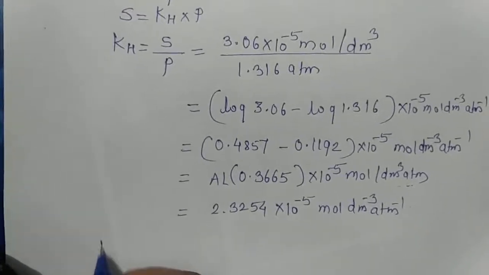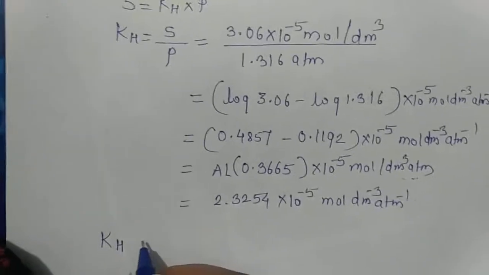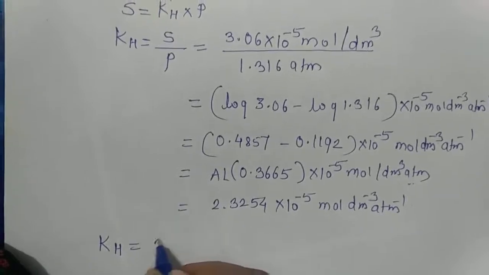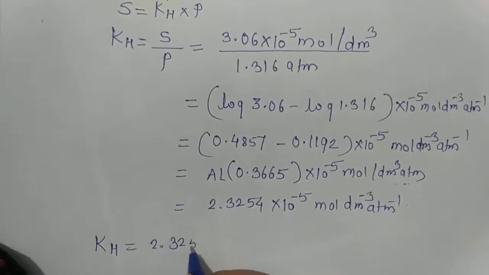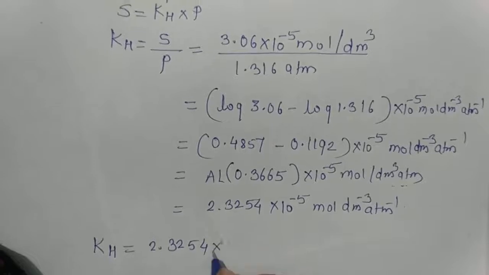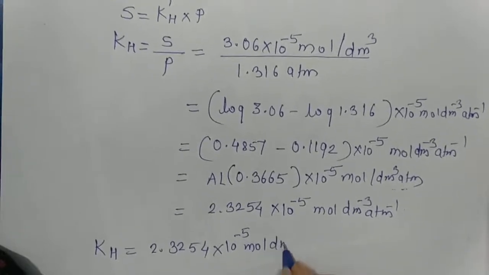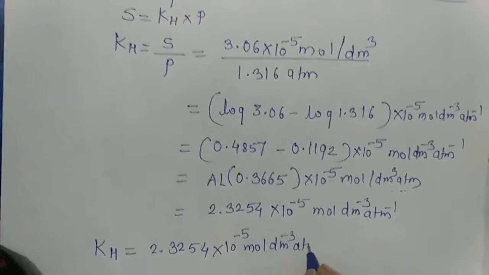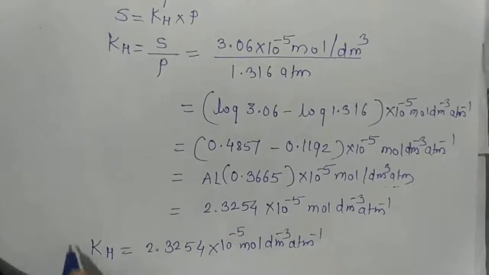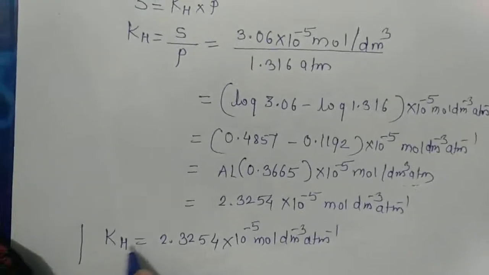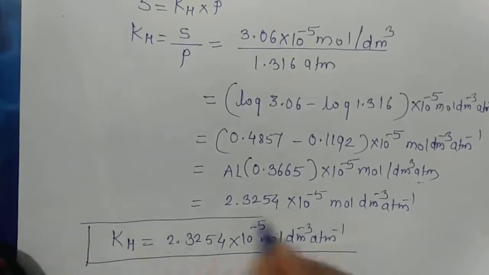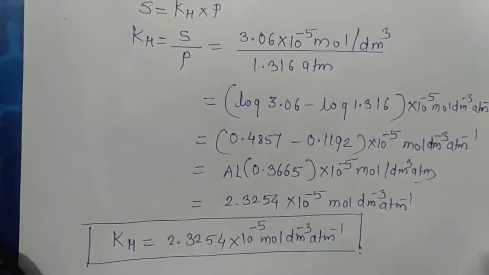So here the Henry's law constant is equal to 2.3254 into 10 raised to minus 5 mole per dm cube per atmosphere. So we are getting the value for the Henry's law constant.